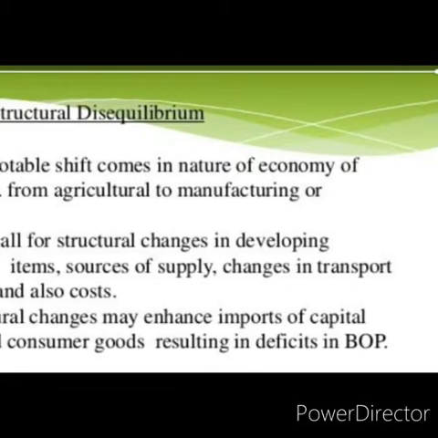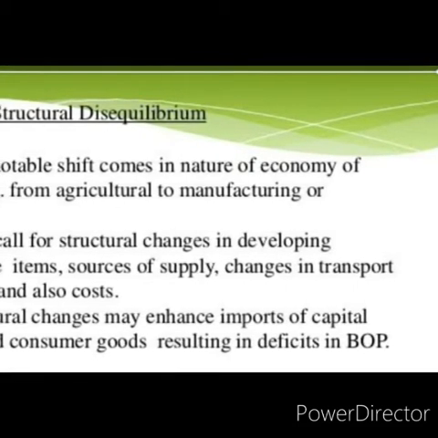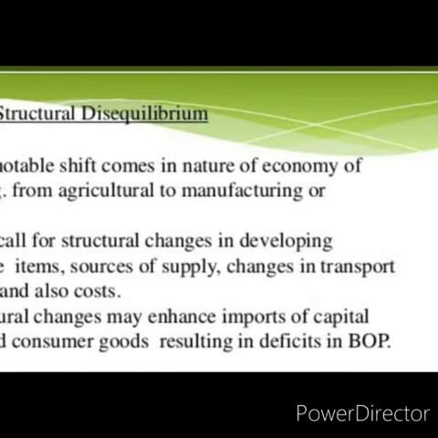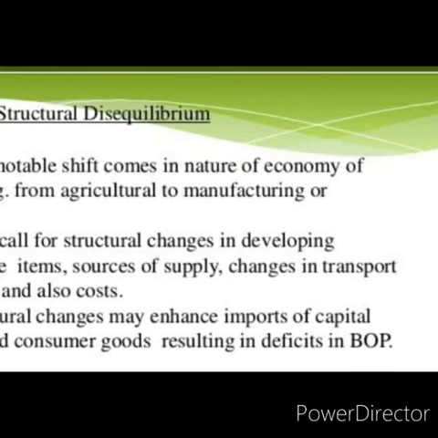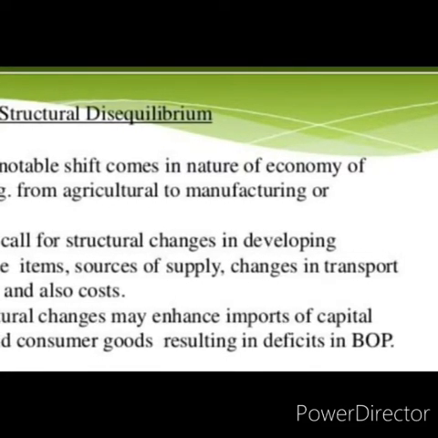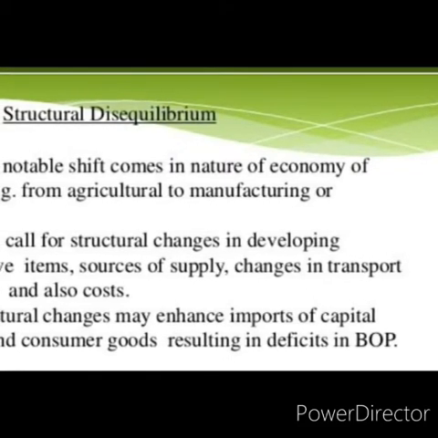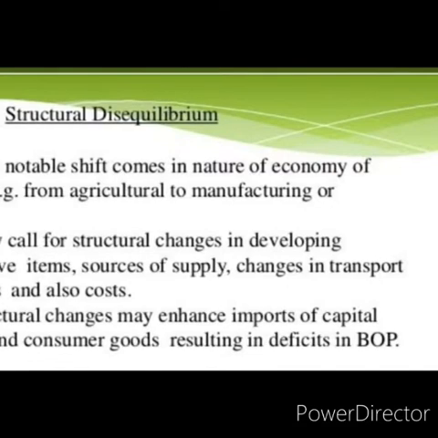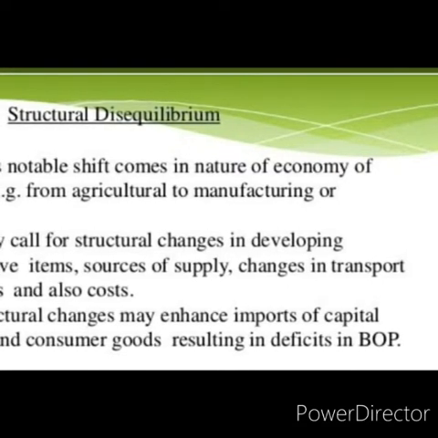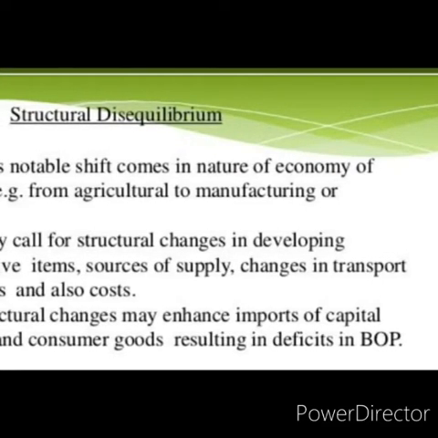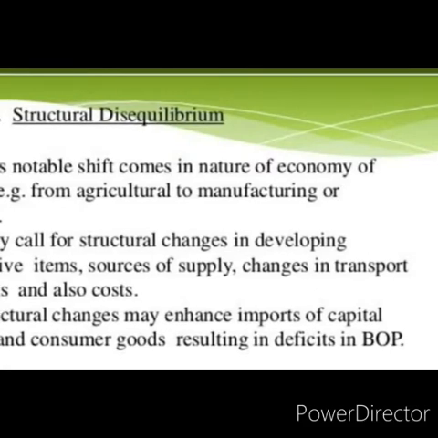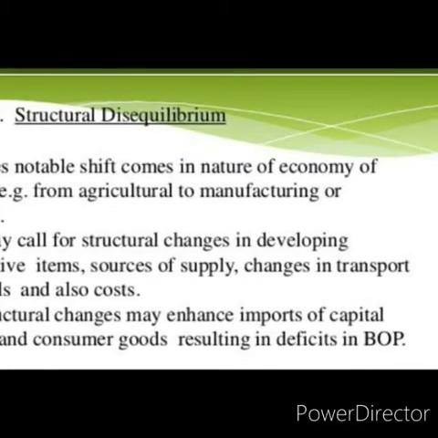What are the examples? Development of alternative sources of supply: maybe you are buying one kind of chocolate, and someone else is producing the same type of chocolate. Whichever comes newly into the market, you will move to buy that. That is what we are saying, a substitute is there.